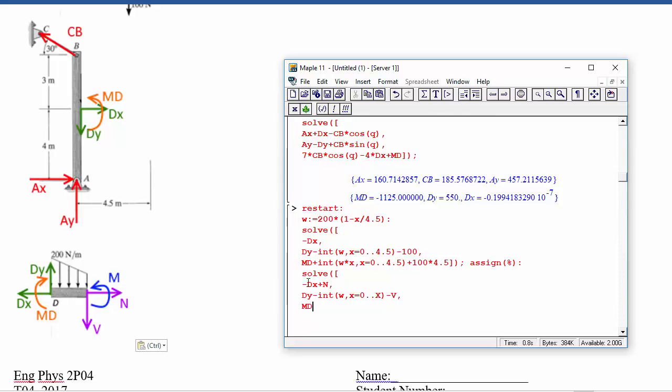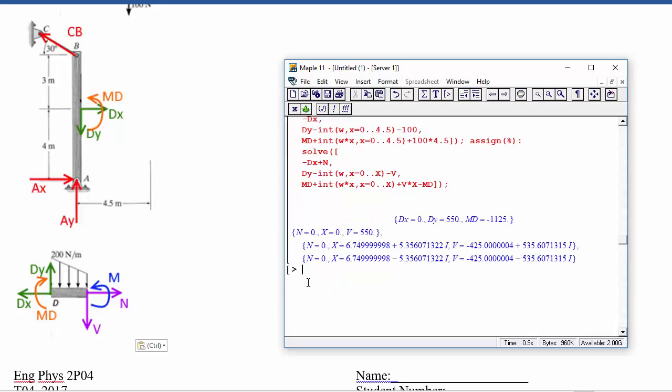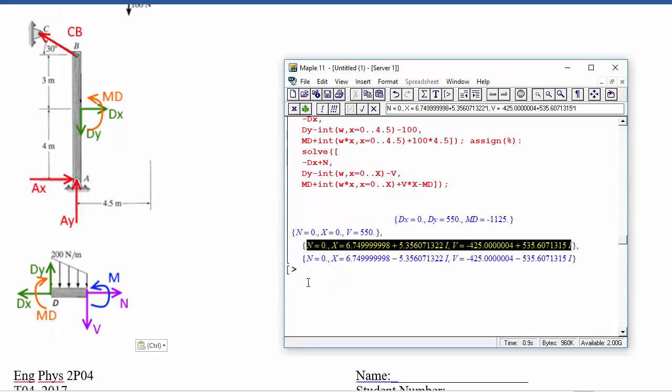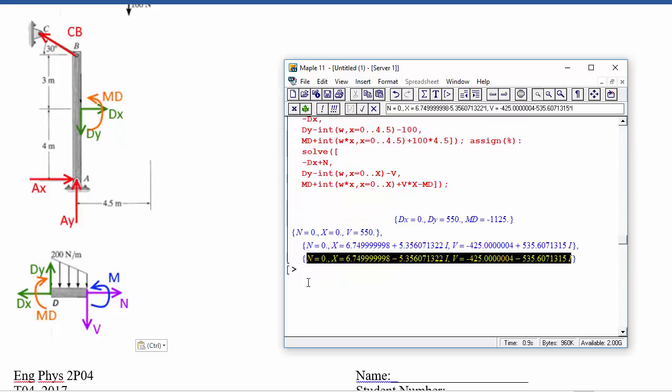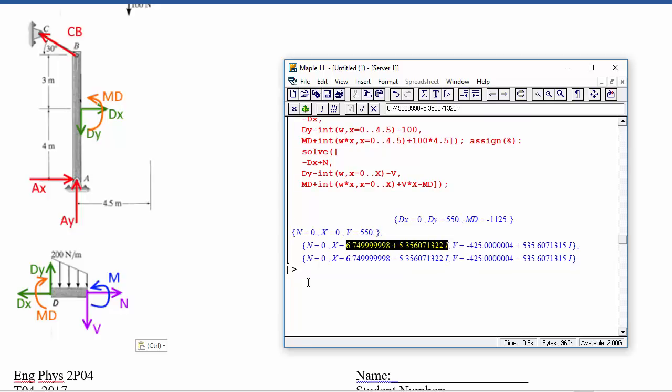Let's sum up in the clockwise direction this time. So we've got MD plus int of w times x, x is 0 to big X, plus v times big X minus md is equal to 0. So let's see if this works. It doesn't know exactly what to solve for. It's got some imaginary numbers there, it looks like.